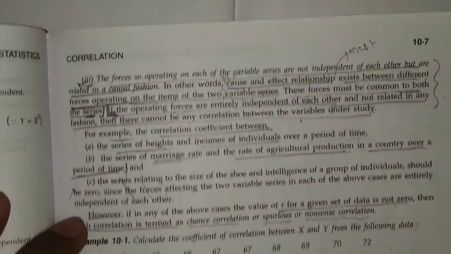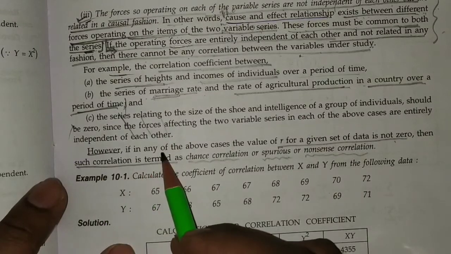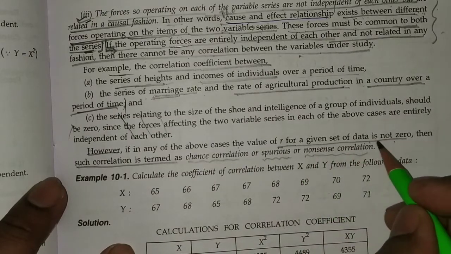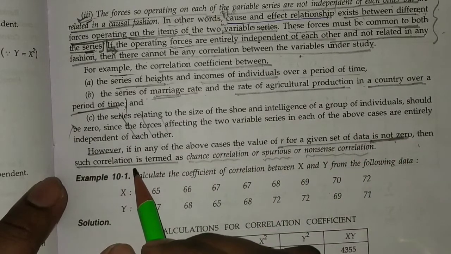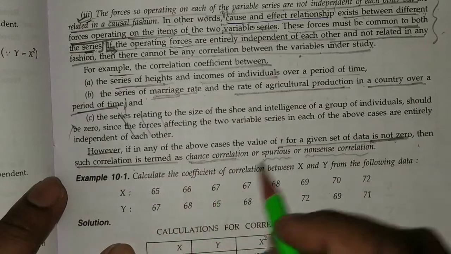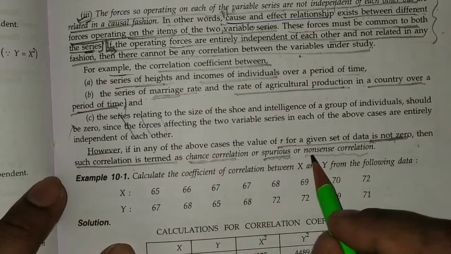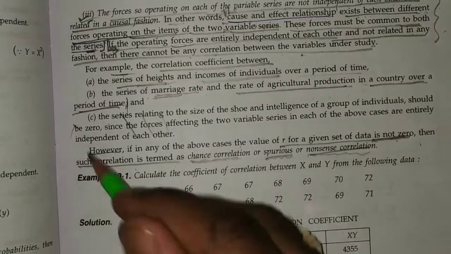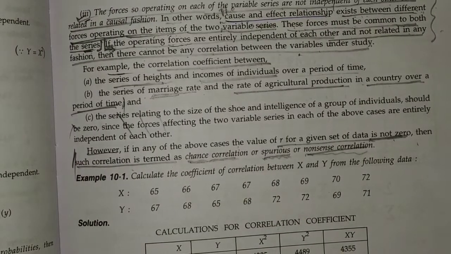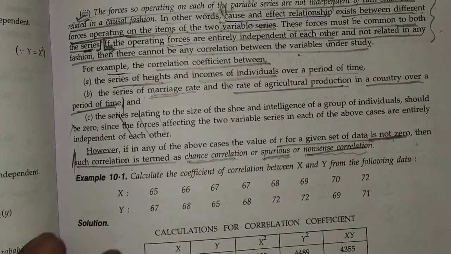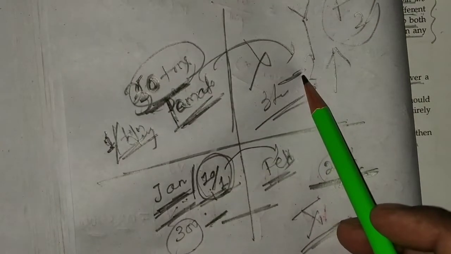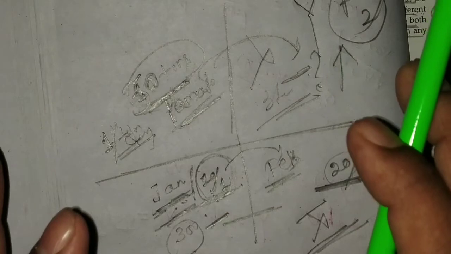Now, however, if in any one of the above cases the value of R given a set of data is not zero, then such correlation is termed as chance correlation or spurious or nonsense correlation. Suppose sometimes we find a correlation between the rate of increase of marriage and the rate of increase of agricultural production.